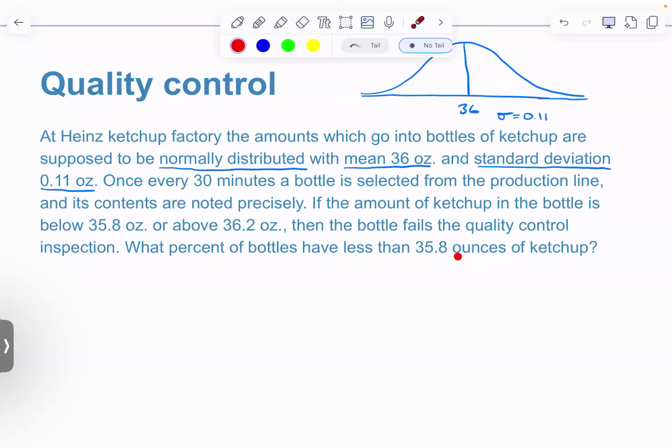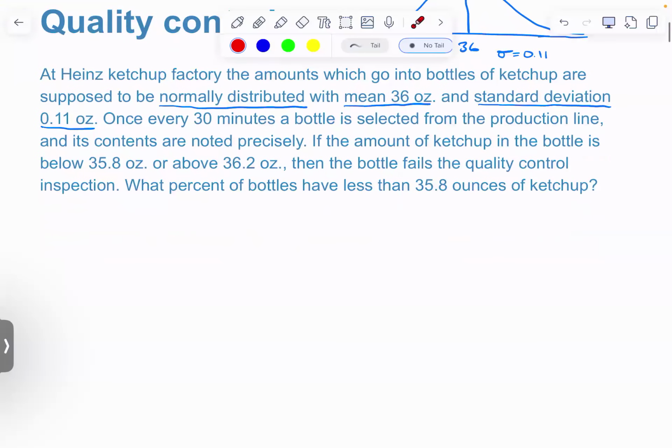For these questions, if I tell you that something is normally distributed, just start by drawing the graph. As soon as you see something is normally distributed, you can draw your normal distribution.